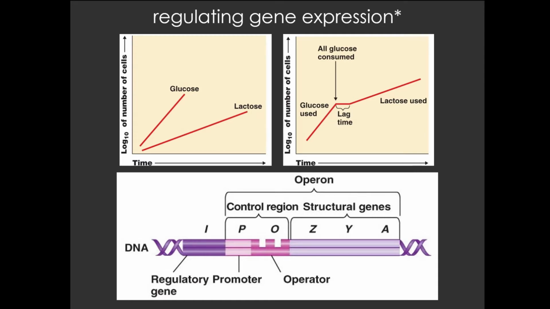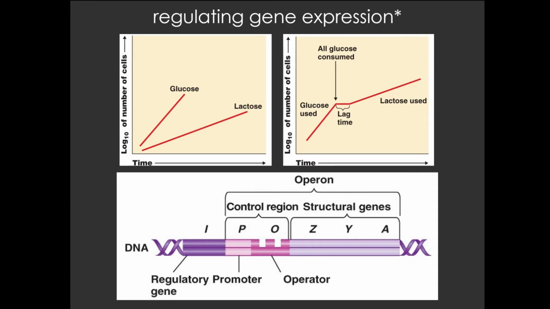There's the regulatory gene, which is transcribed and translated. The promoter region and the operator region are neither transcribed nor translated. They are just control portions of the DNA. The promoter, again, is the area where RNA polymerase would bind. The operator is actually the on-off switch for the operon.